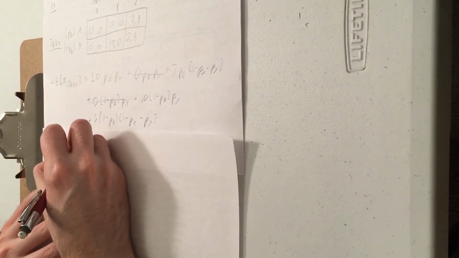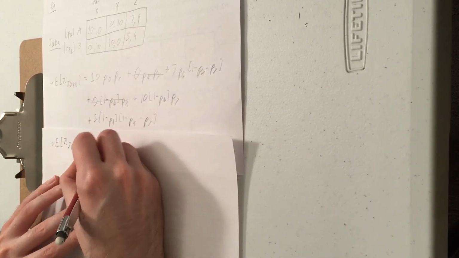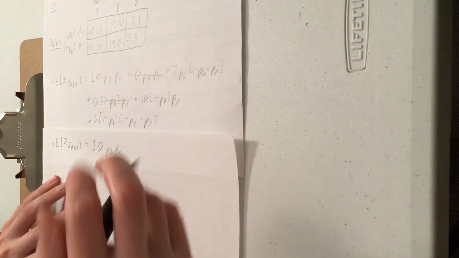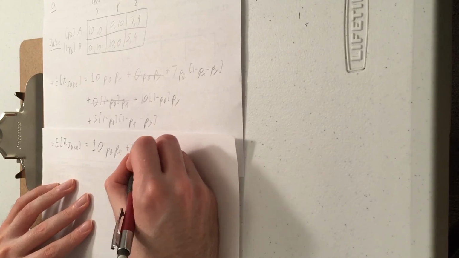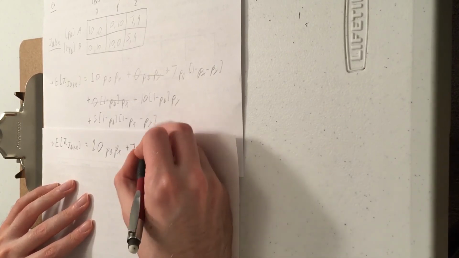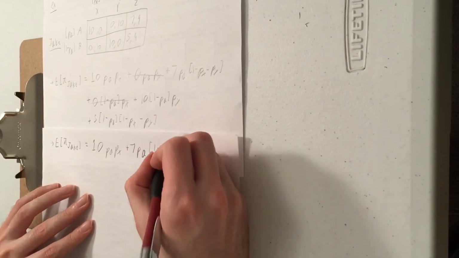So you have 10 PA PX plus 7 PA times 1 minus PX minus PY.